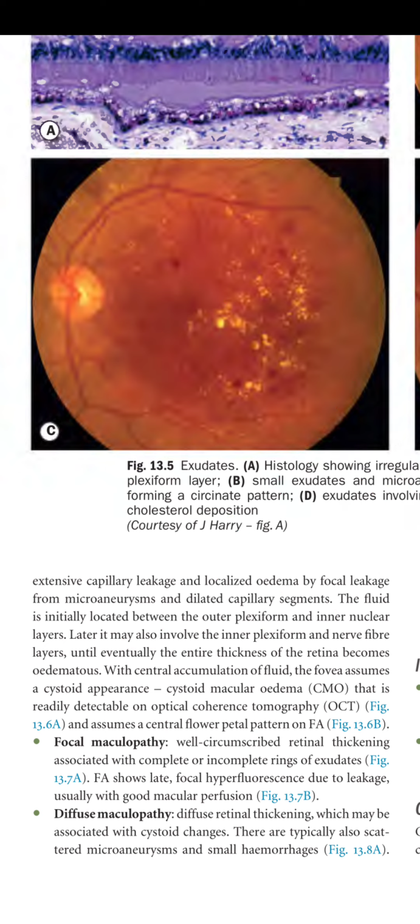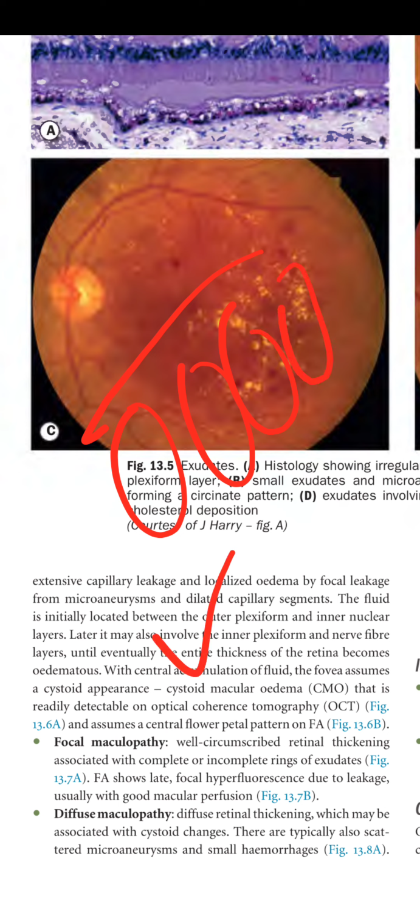With central accumulation of fluid, the fovea assumes a cystoid appearance, cystoid macular edema, that is readily detectable on optical coherence tomography. So if the fovea is involved, it causes a cyst-like appearance, and it is known as cystoid macular edema.